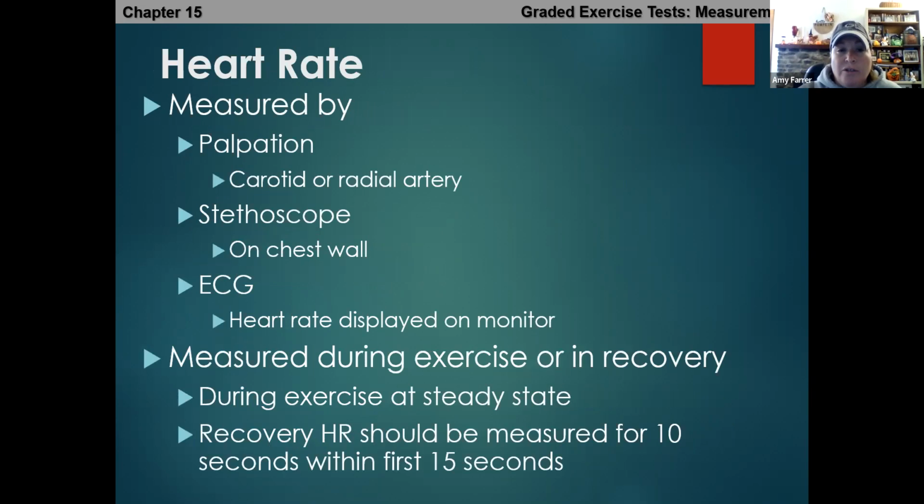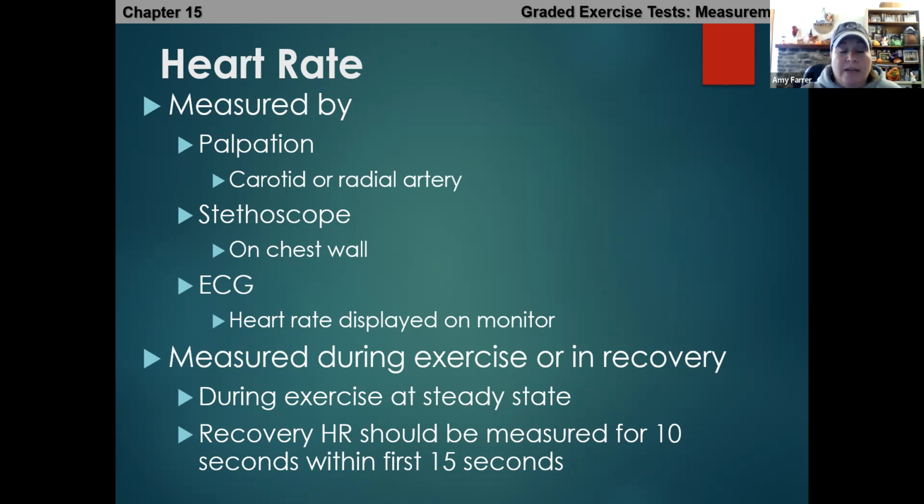So what do we have to measure? We have to measure heart rate. You can do that by palpation. You can put your fingers on your wrist and get your pulse. You can use a stethoscope on the chest wall and count. You can be hooked up to fancier equipment, and an ECG will display your heart rate the whole time on our monitor. Our phones, our Garmin watches, all of them at this point, we have a lot more tech options to keep track of that.